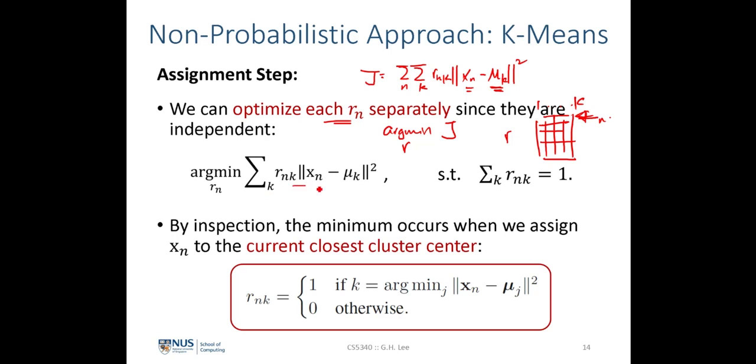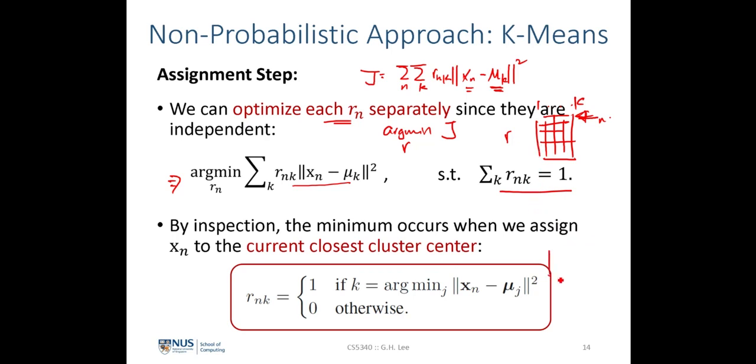The cost would still be the sum of square difference, subject to the 1-of-k coding constraint. What's interesting here is that there isn't a need for any sophisticated optimization or differentiation. We can immediately solve this minimization by inspection, where the minimum actually occurs when we assign x_n to the closest cluster centroid, as illustrated in the earlier slide.